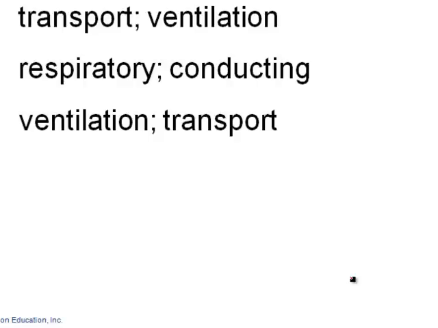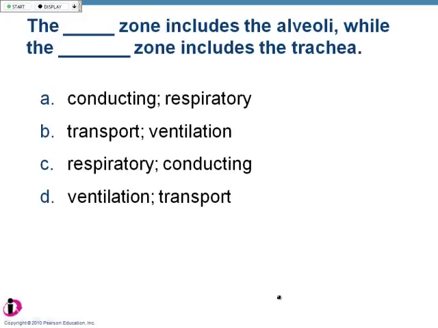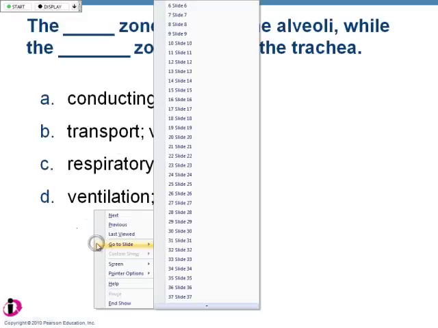All right, the first question. The blank zone includes the alveoli, while the blank zone includes the trachea. A, wait a minute, I gotta get my pointer back.